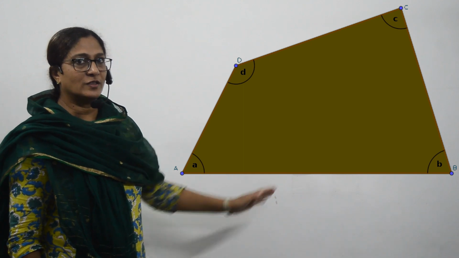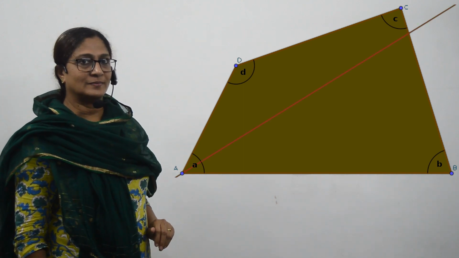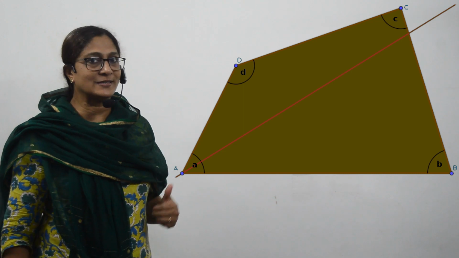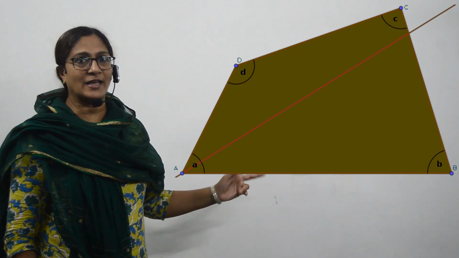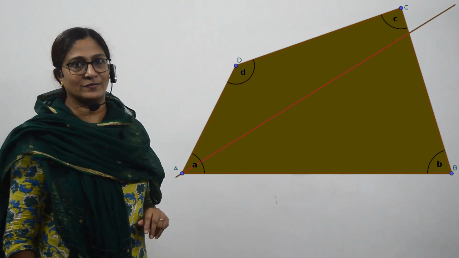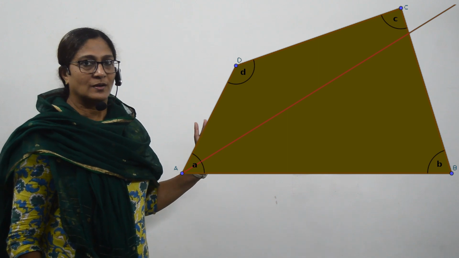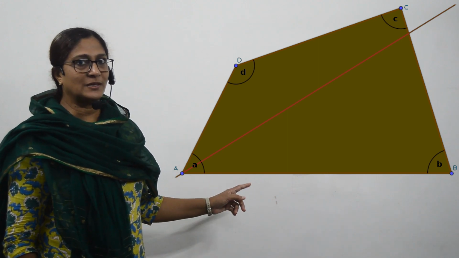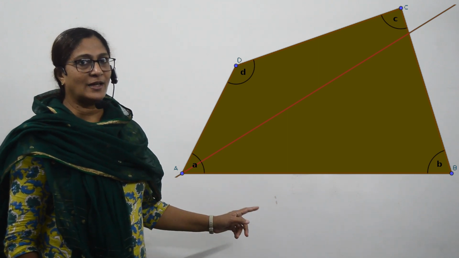Look, I have drawn the bisector of angle A. Now, what is an angle bisector? It divides the angle into two equal halves. So our angle A is split into half A and half A.